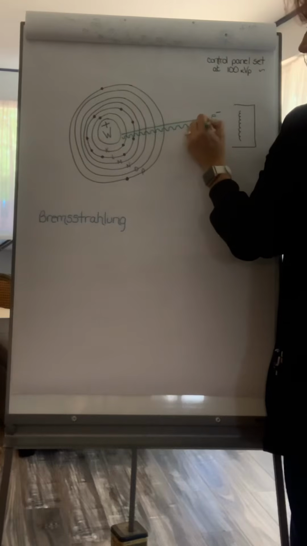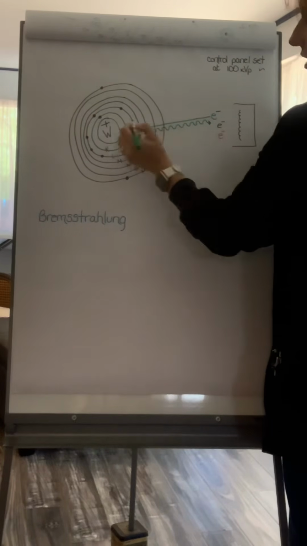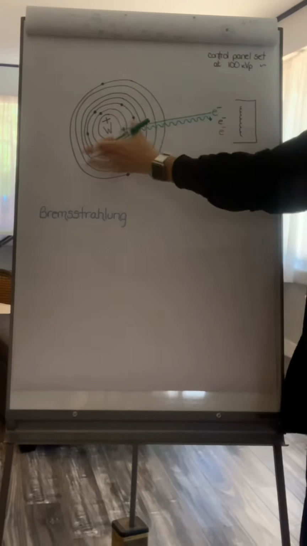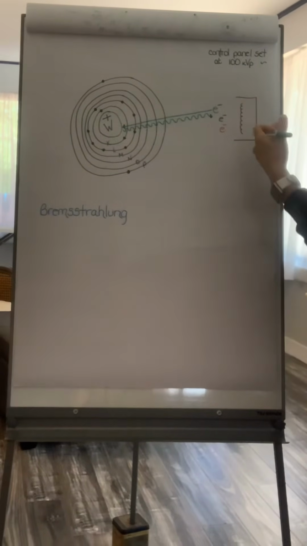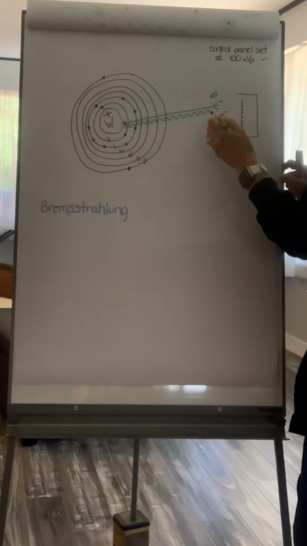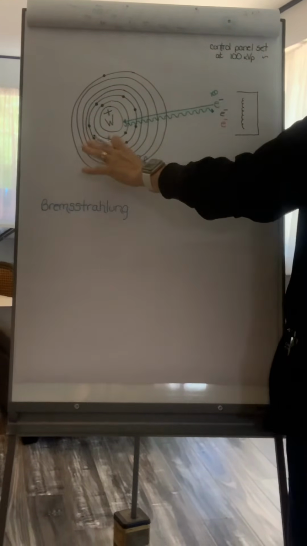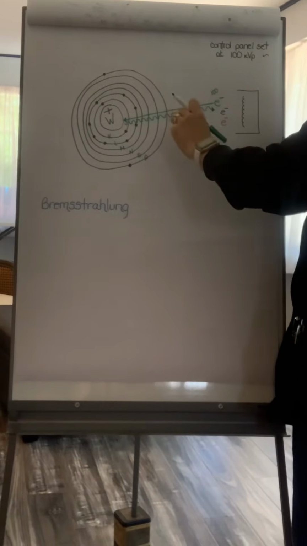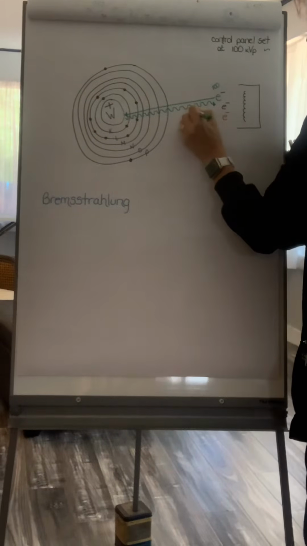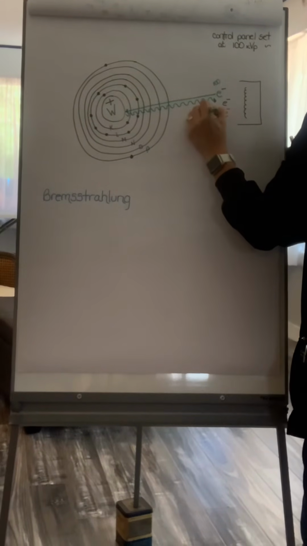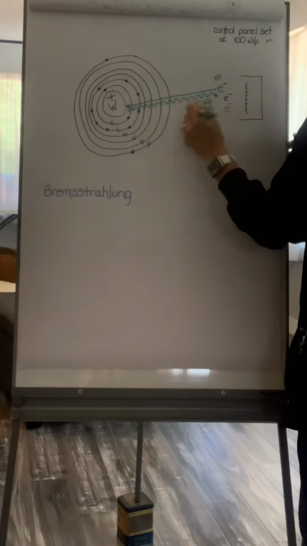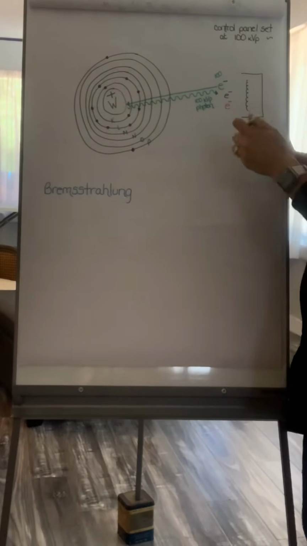So what happens, I'm just showing you the direction, when it's attracted that way, all of that energy is given off in the form of a photon. So it entered with 100, it gave up everything. So if it gave up all of it, what you would end up with is a 100 kVp photon. Because all the energy was given up in order for it to get that close.